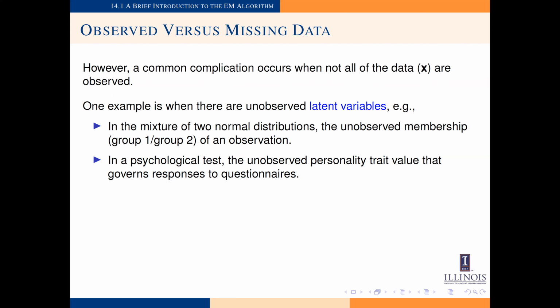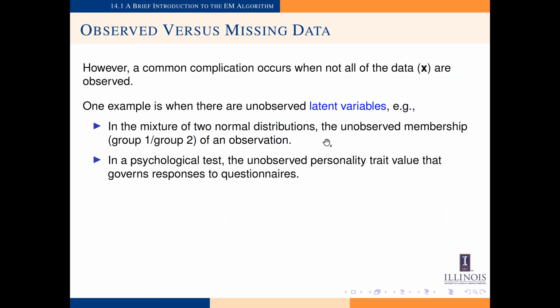So the membership stands for whether an observation comes from the first normal distribution, group 1, or the second one, group 2. As you might remember, that's how we generated the mixture normal data. So the membership of individuals determines which normal distribution they come from. However, this is not something we can observe from the data because we just observe the mixture normal observations.